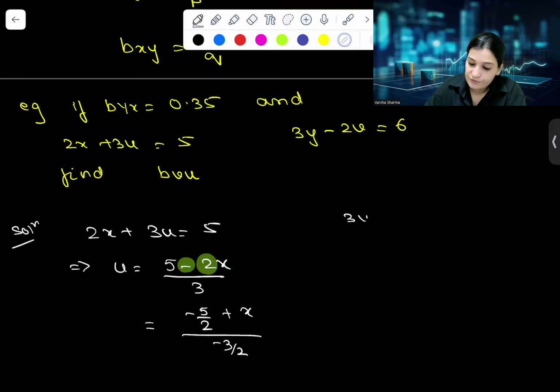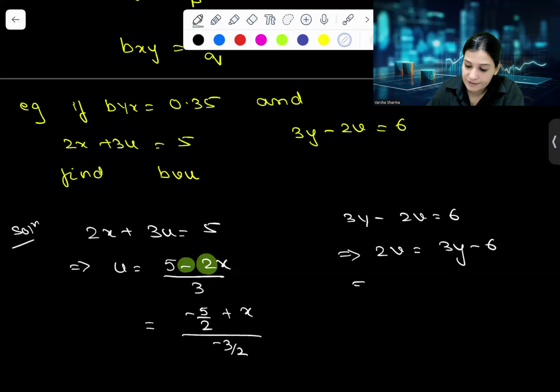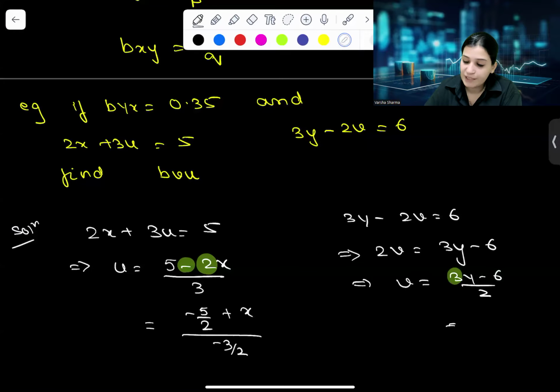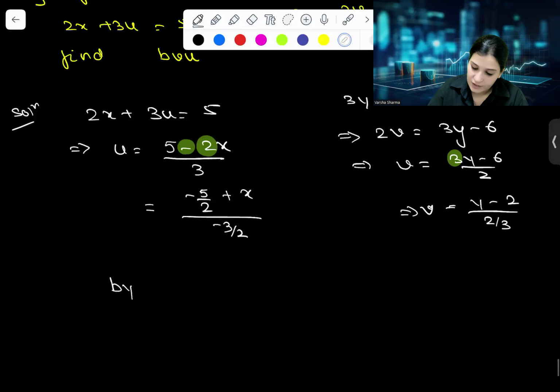Then similarly, 3y minus 2v equals 6. So 2v is 3y minus 6. Divide everything by 2. But we don't want the coefficient to be something for y. So we divide each term by 3. This is v. So byx: the denominator of y is 2 by 3. The denominator of x is minus 3 by 2.